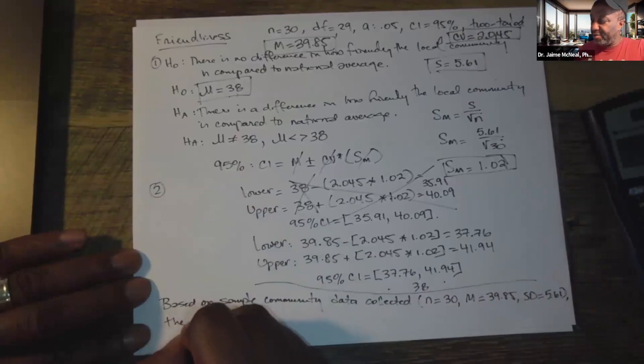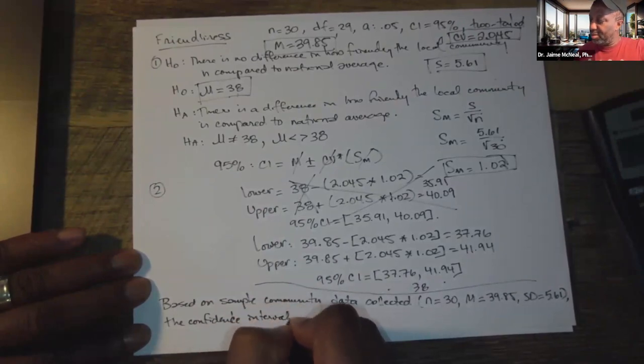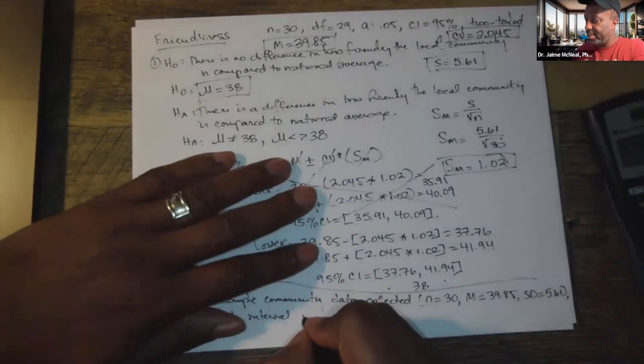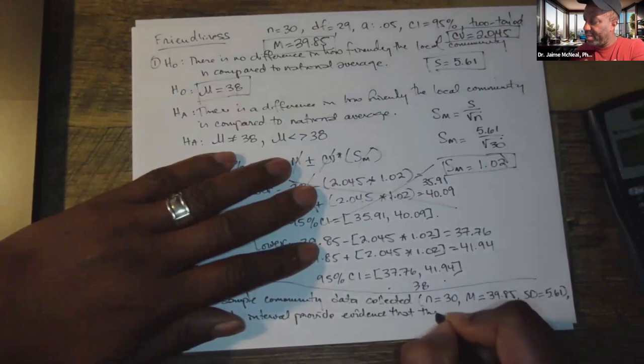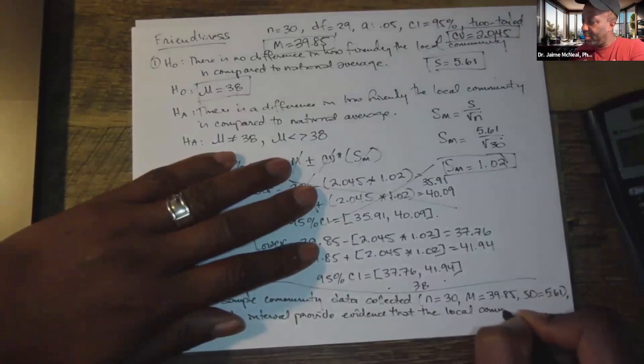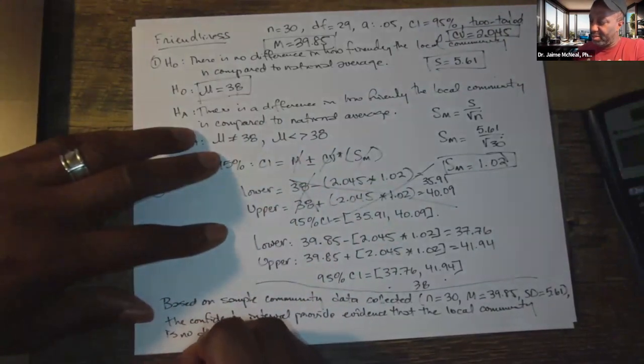The confidence interval provided evidence that the local community is no different than the national.